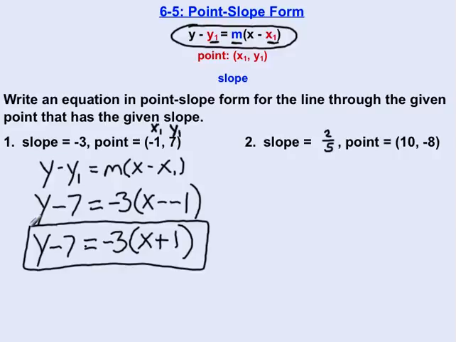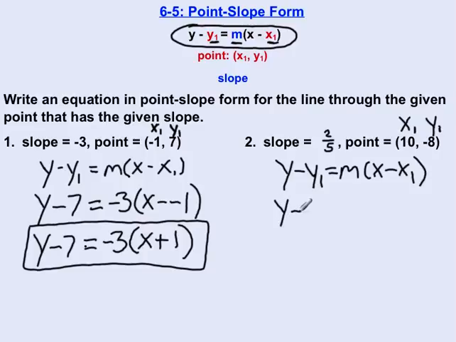And that is a form of a line. Let's try that again with our next problem. Same thing. This is an x, this is a y, and we're going to name them x sub 1 and y sub 1. I'll rewrite the formula really quick so you can see it again. And you're just plugging your information in. Y minus your y sub 1, which is a negative 8.